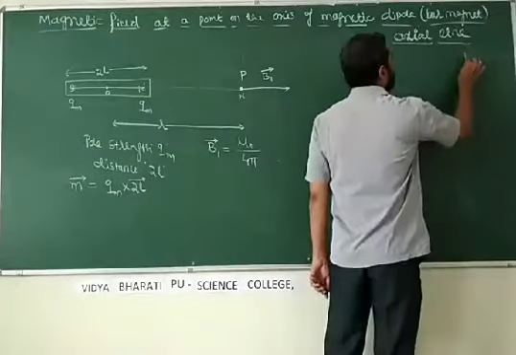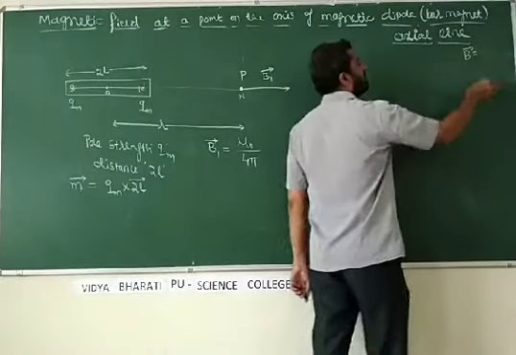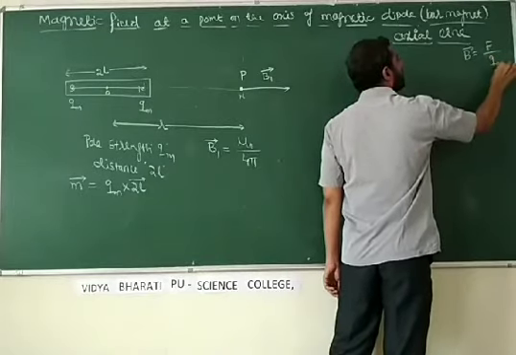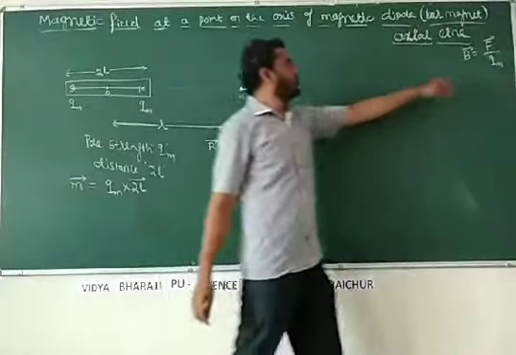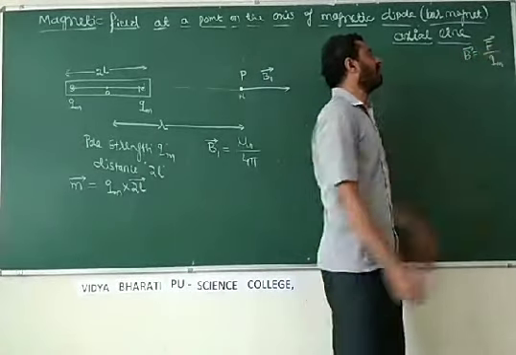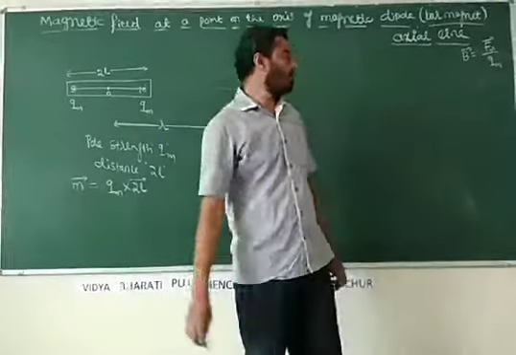By definition, magnetic field intensity or magnetic field is nothing but the force experienced by the unit test north pole at that point. Magnetic field is the magnetic force experienced by the unit test north pole.